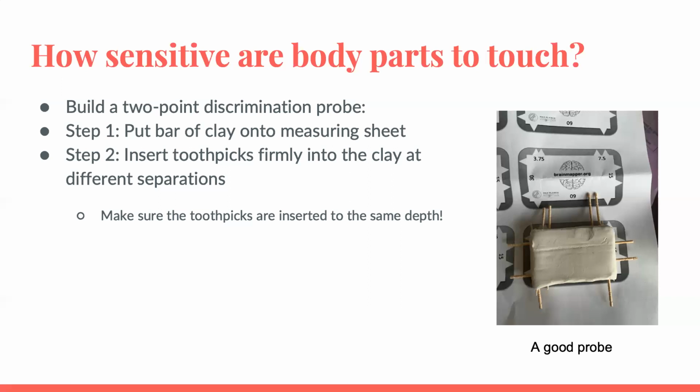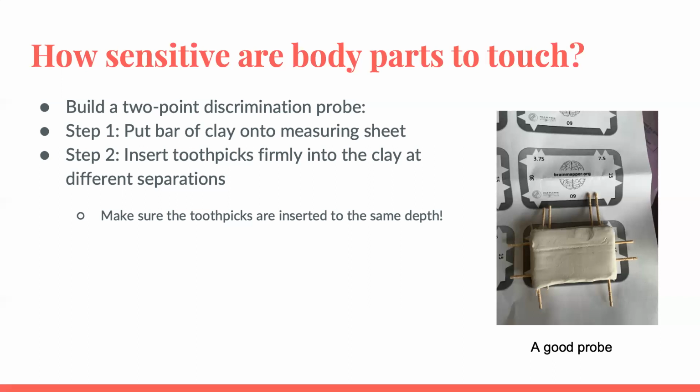Now you will repeat that same process for other measurements, right? So here on your left, you would have 2 other triangles that are separated at a different distance, and you want to insert 2 new toothpicks so that you have a 2-point probe separated at another distance.